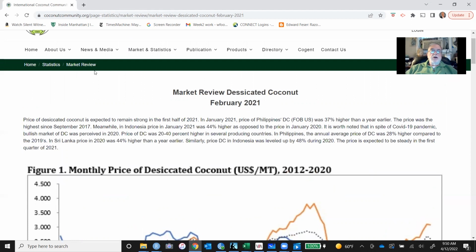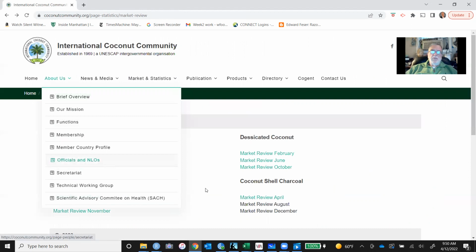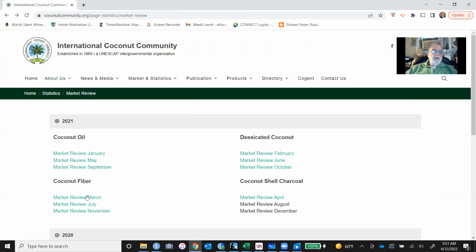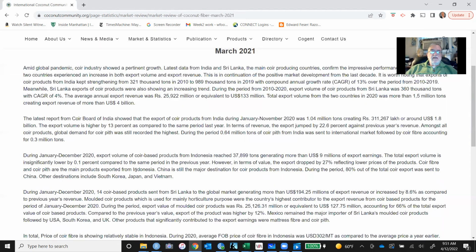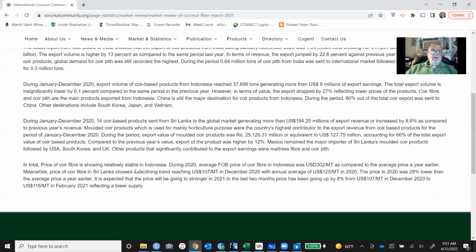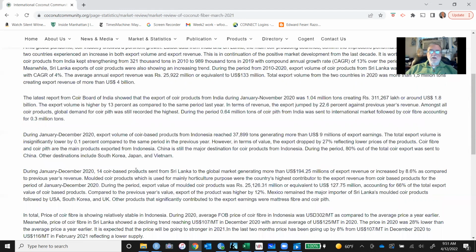We go back to the market review. Let's pick a different one. Let's pick coconut fiber. And let's get the March one, which is roughly the same time. And there is coir fiber.